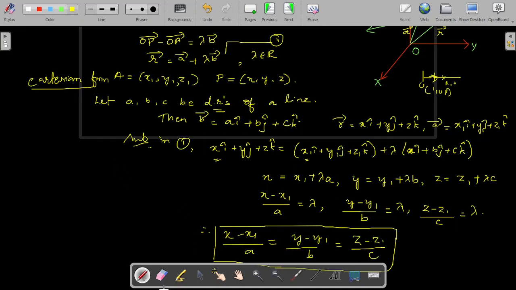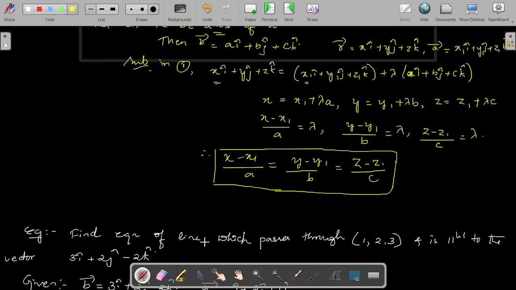Because they are all equal to the same constant lambda, I can equate all three ratios. Usually this doesn't look like a typical equation. A typical equation in 2D looks like ax plus by plus c equal to 0, with a left-hand side and a right-hand side. Then how is this called the equation of a line? Here three ratios are equated. This gives the possible values for the x coordinate, y coordinate and z coordinate on that line.